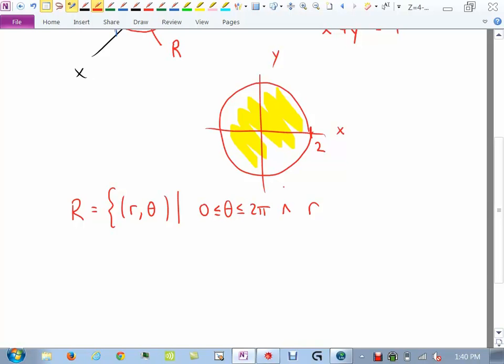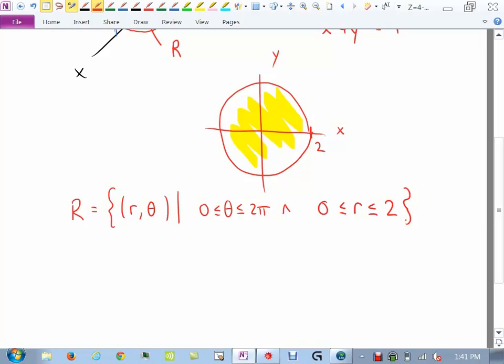And r is between what? 0 to 2. One of the mistakes that I've seen on this is to say r is between -2 and 2. I've just seen students do it before. Generally speaking, our r is always going to be positive.